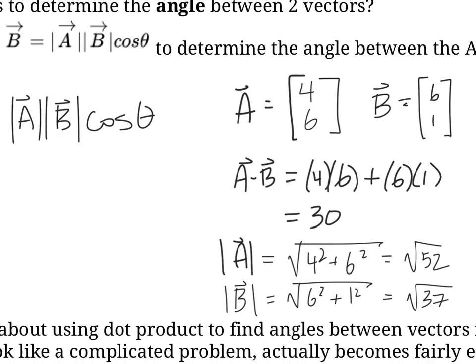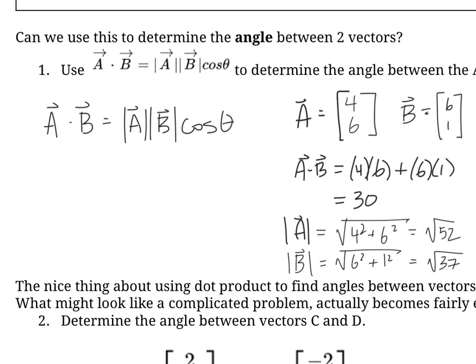So now if we go back to this relationship, we can just plug in each of the parts. A dot B is 30. The magnitude of A is root 52. The magnitude of B is root 37. And then we have cosine of theta.